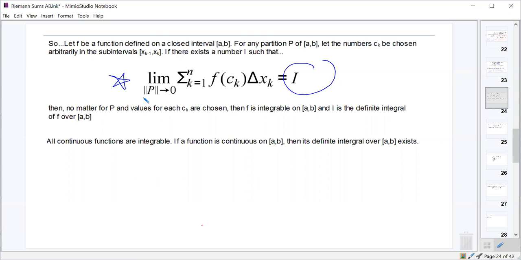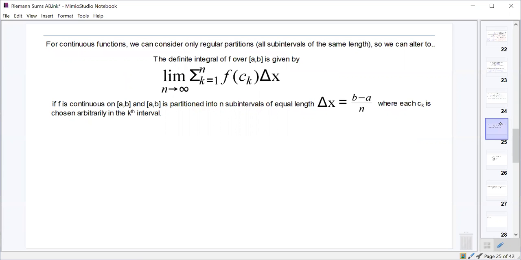So if we make the subintervals equal, we can convert this into a limit as n approaches infinity. So as the number of subintervals approaches infinity, of the sum from the first to the end of the areas, which at least gets rid of that norm of the partition joke. And if each of the subintervals is equal, the delta x sub k no longer has to be delta x sub k. It can just be delta x, because each of those subintervals has the same length.